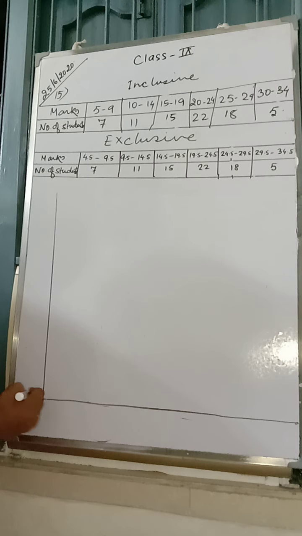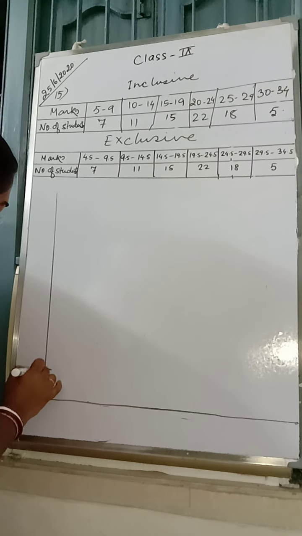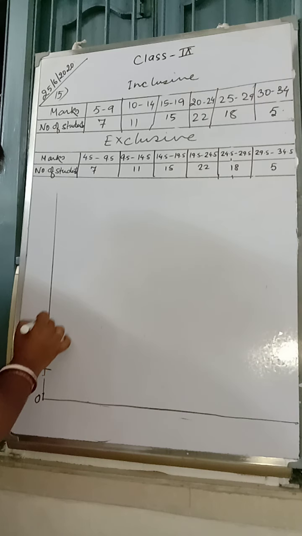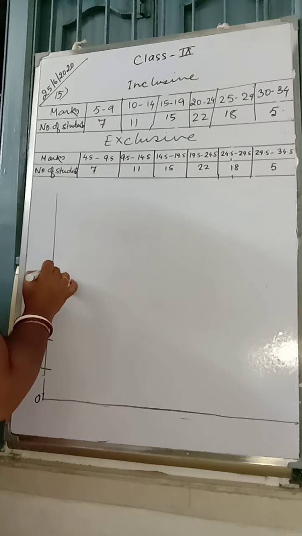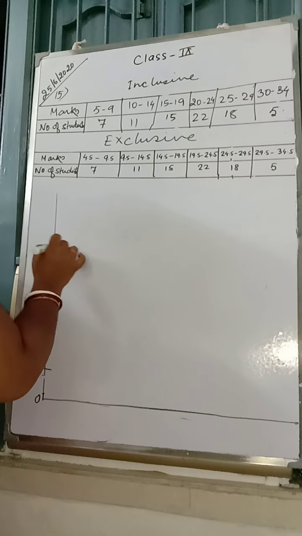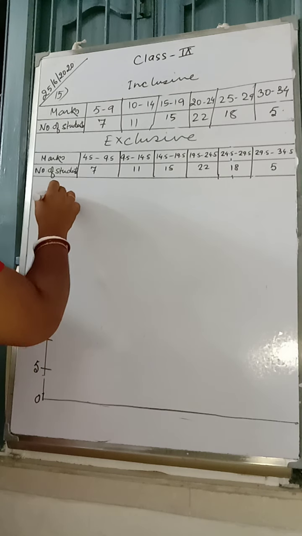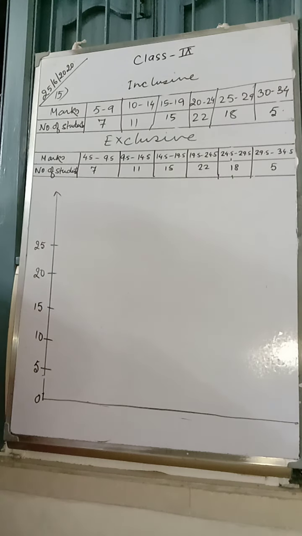Where this is the meeting point, 0. Now we can take it maybe 5 each: 5, 10, 15, 20 and 25, because the maximum is 22.